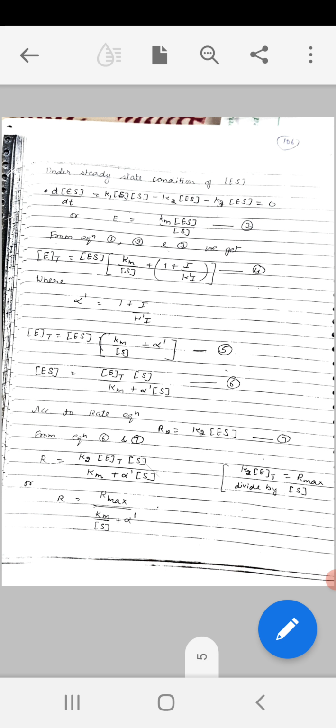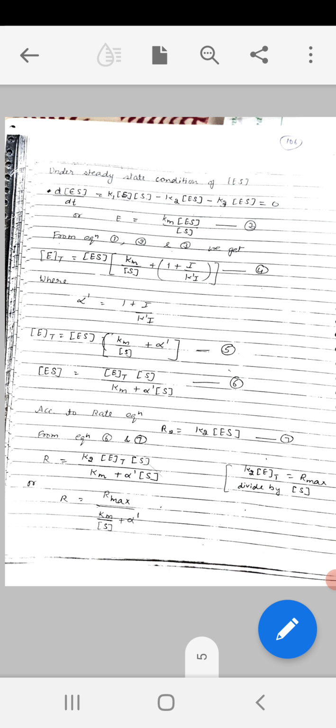So R comes out to be R maximum upon Km upon S concentration plus alpha dash. Upon rearrangement this gives the Michaelis-Menten equation for uncompetitive inhibition: R is equal to R maximum into S concentration upon Km plus alpha dash into S. This is equation number 8.